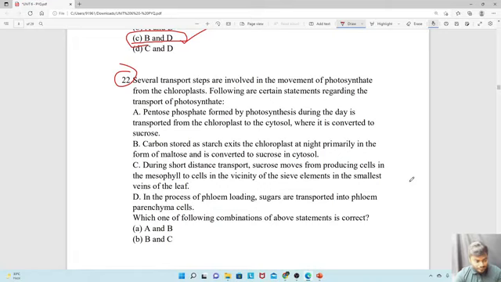Question number 22. I'll write the options here only.